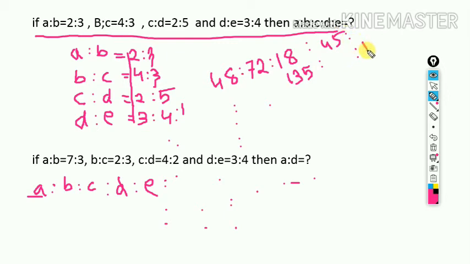Next 180. Now look, now you see. So A will be all the left hand side multiplied.